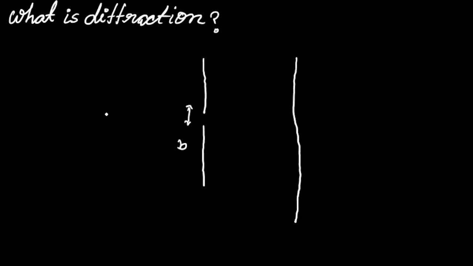And then if we illuminate this slit with a plane wave, what will we observe? According to geometrical optics, one can say that the region A to B will be fully uniformly illuminated, and all the other parts of the screen should be absolutely dark.